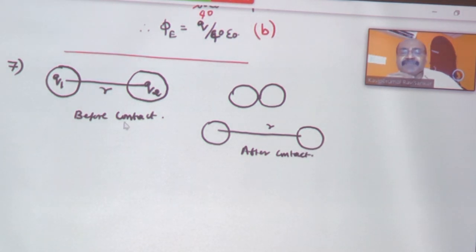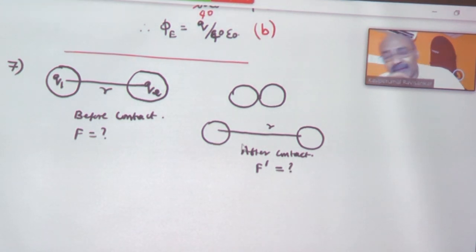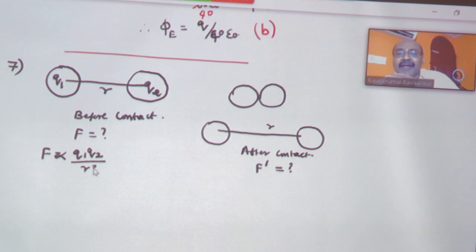What they have asked is the force here, and we have to calculate it. Let us take it as F dash. We have to compare F and F dash, whether both are equal, or one is greater or lesser. In this case, the force F is proportional to Q1 into Q2 divided by r square. If we consider Q1 equal to Q2 equal to Q, since they are identical in nature, then F is proportional to Q square divided by r square.